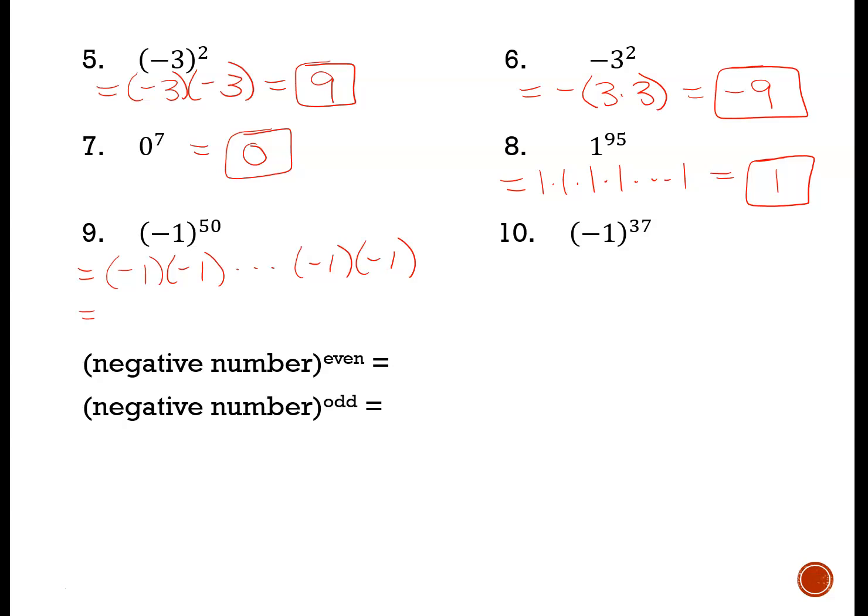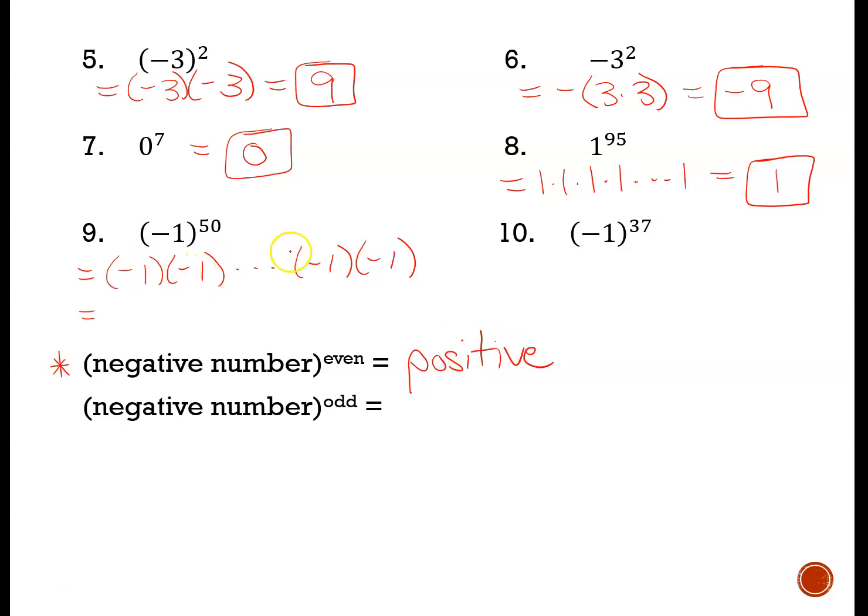And remember that when you have an even number of negatives, they all pair up, so same signs makes a positive answer. Let's write that here. A negative number with an even exponent, as long as there's parentheses, is going to give a positive answer.